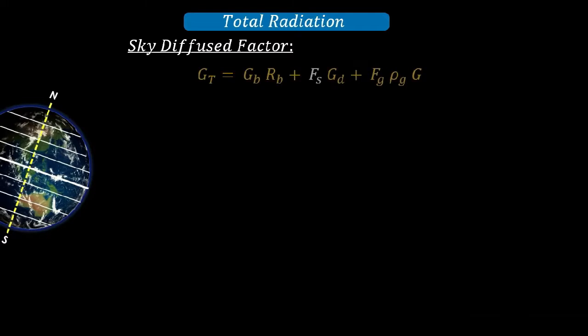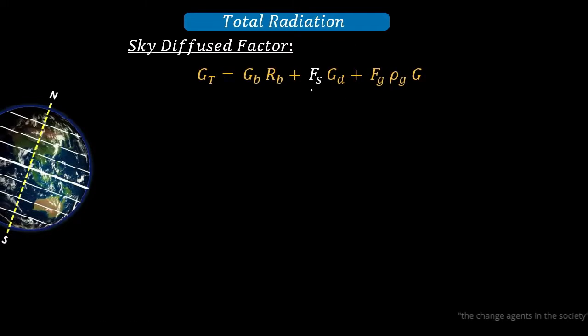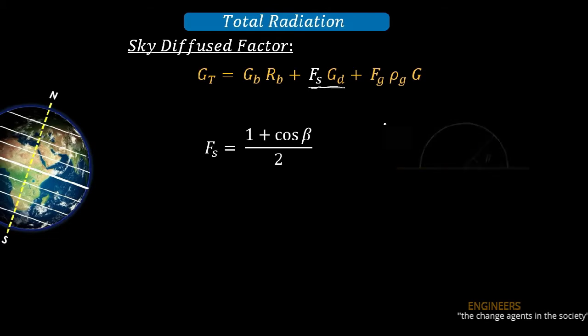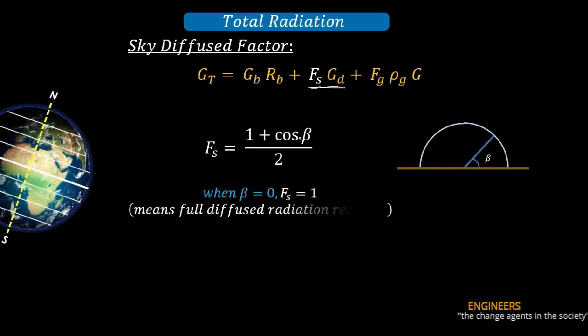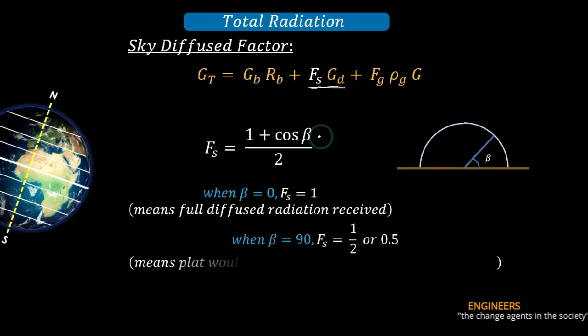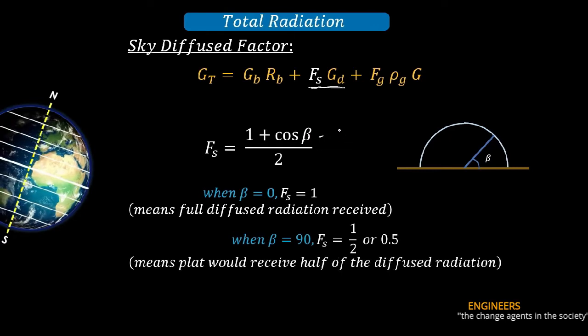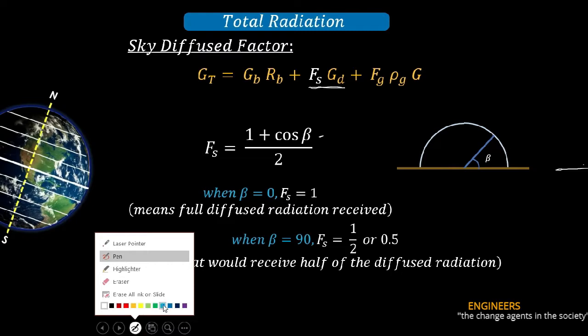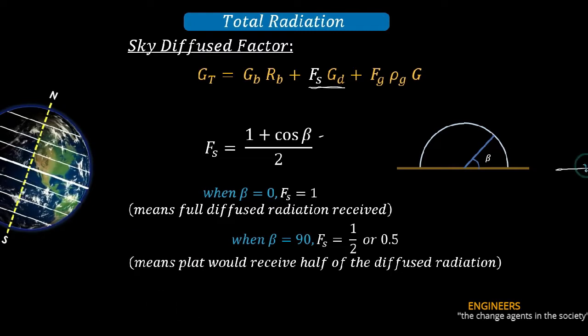Now let's discuss the sky diffuse factor. This is the total contribution of diffuse radiation, where Fs is the sky diffuse factor, which is calculated by using this expression, (1 plus cos beta) upon 2, where beta is the slope of the tilted plate. Now consider an imaginary horizon in which the radius of the horizon is equal to the height of the plate, and consider that this plate, maybe a photovoltaic module or solar thermal collector, is placed horizontally on the ground.